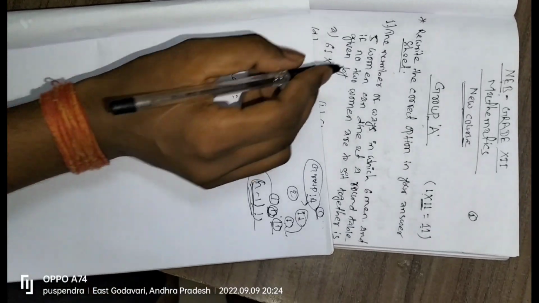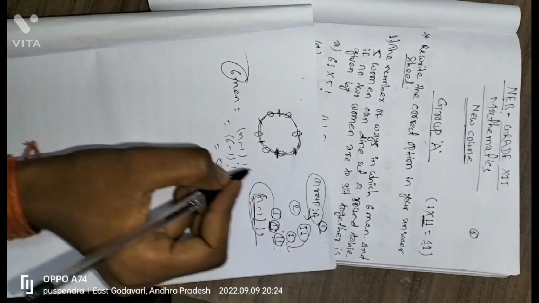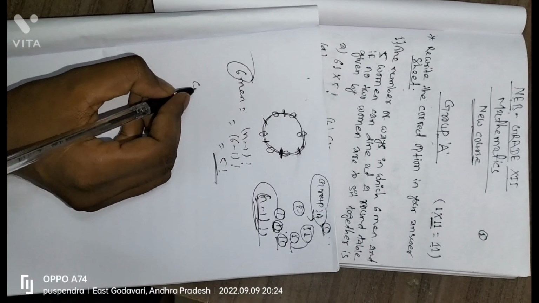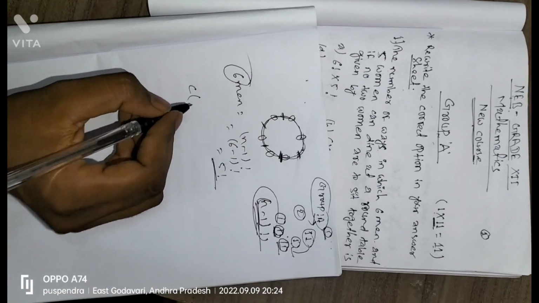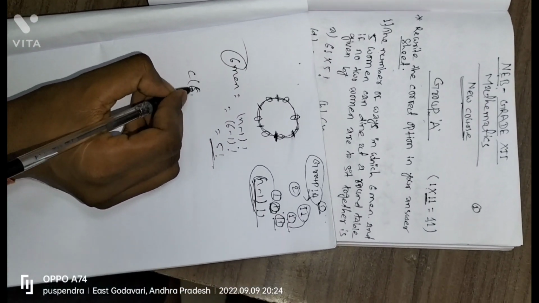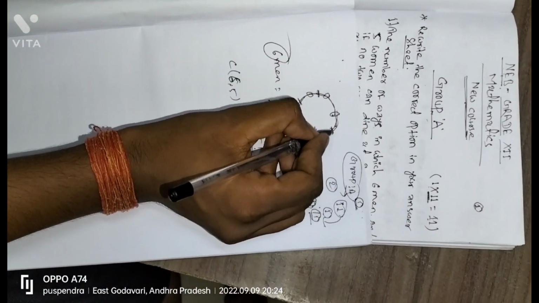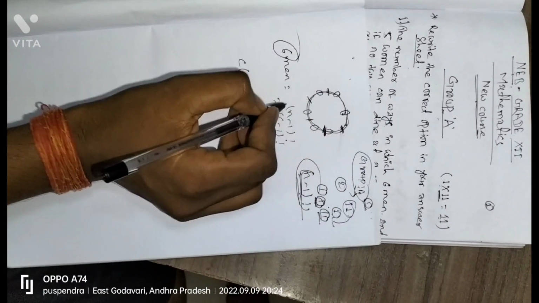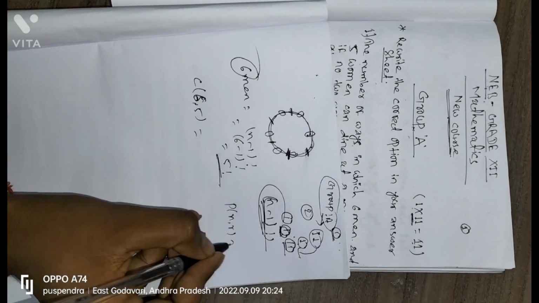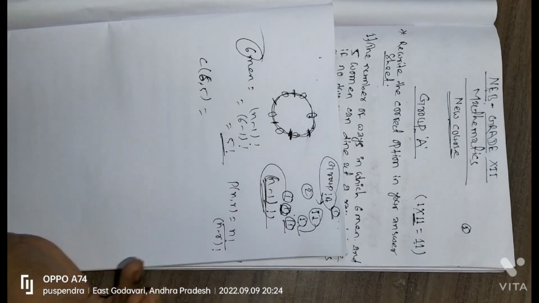5 permutation. For the women, we take P(6,5), because in this circular table men and women are involved. The formula we have read is P(n,r) equals n permutation divided by (n minus r) permutation.